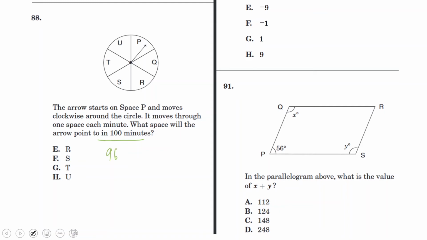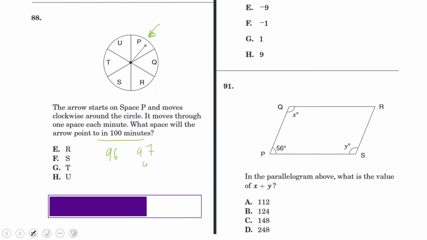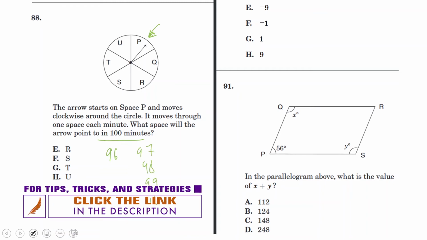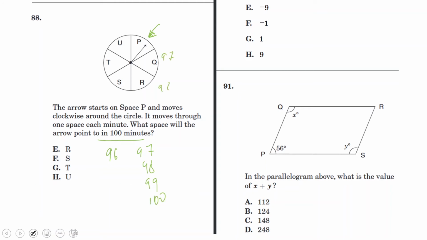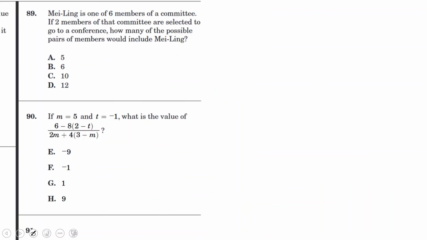That's 96. So at 96, the arrow will still be at P, and then we have 97, 98, 99, and 100. So let's go. 97, 98, 99, and 100. T, G.